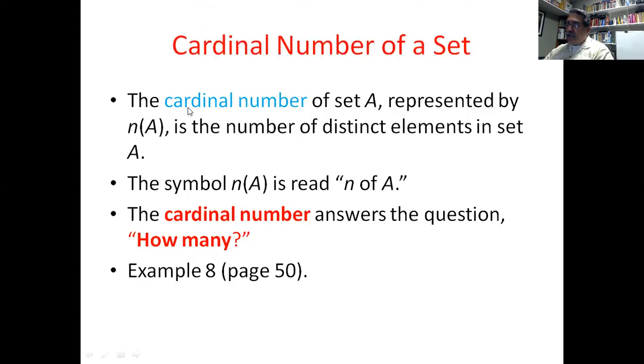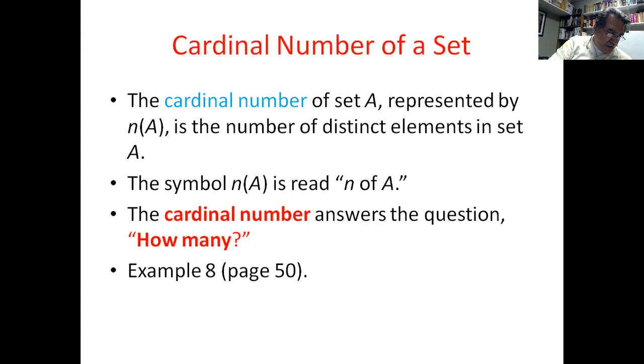Cardinal number of a set. The cardinal number of a set, n of A, is the number of distinct elements in the set. The symbol n(A) is read n of A. The cardinal number answers the question of how many. For example, let's look at page 50, Example number 8.